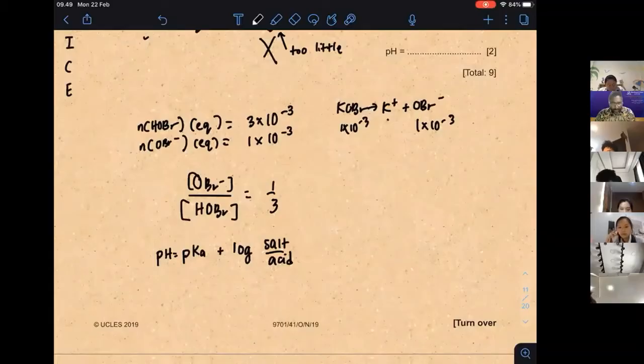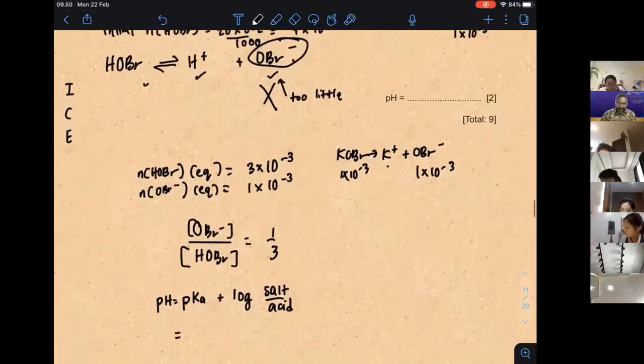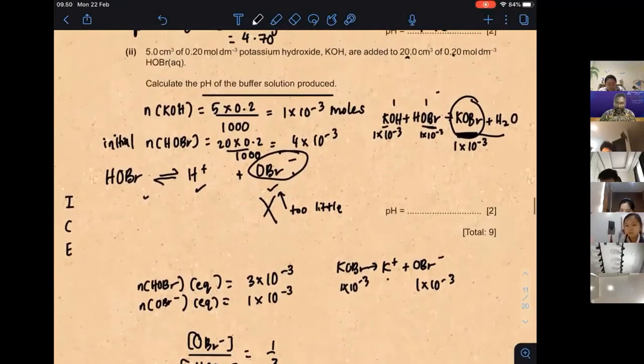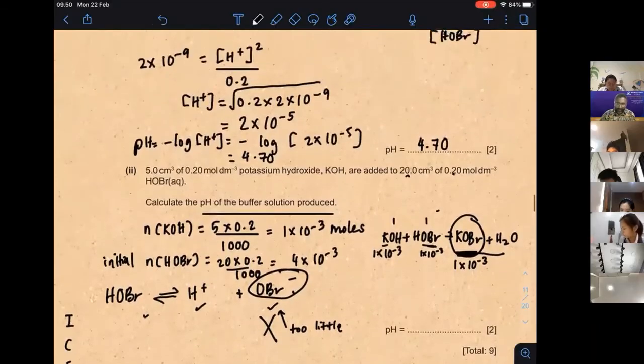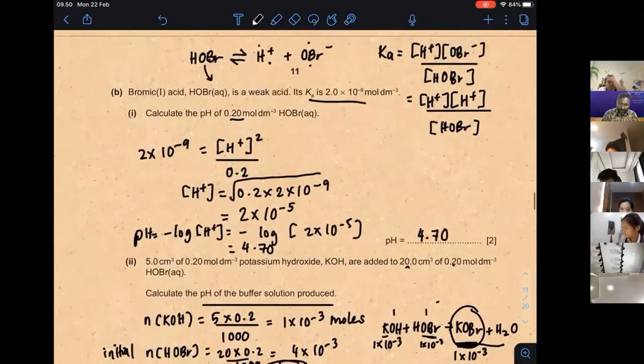But if you want to use this method also, the one that is mentioned in the marking key, 1/3, and then they calculate the H plus separately. That one is also possible. So whatever way that you use, you will get it. The pKa that I'm going to use is the pKa that I have. Use the Ka over here.